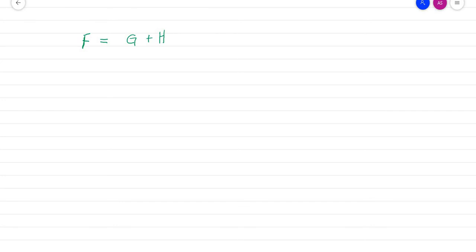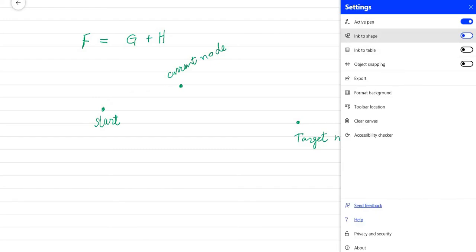So if you remember, for example, this is the start point, and let's say this is our current node, and here we have the target point. So what was the G cost when we are at a current node? The G cost was the distance between your current node and the start node. Oh, it's not drawing accurately. Then let me select the shape.